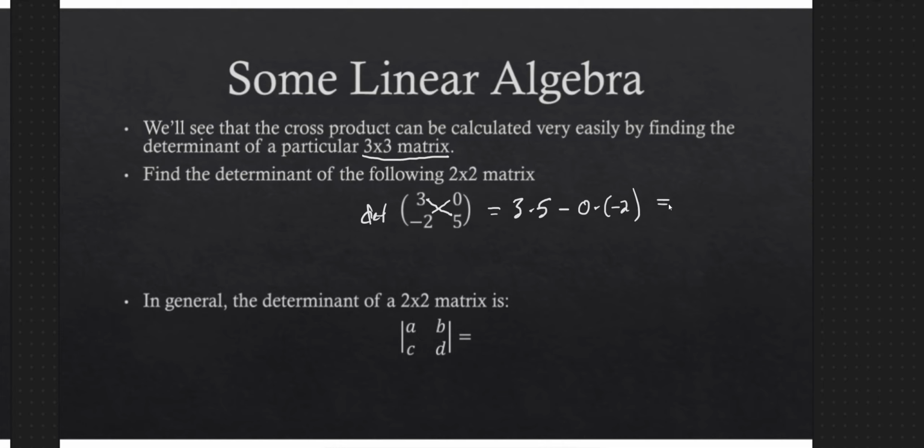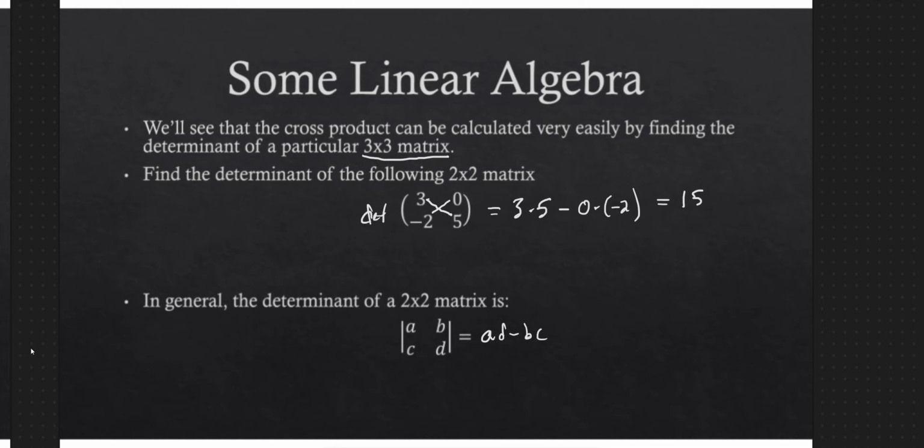So the determinant of this matrix is 15. All right, so again, take a matrix, output a number. When it's 2x2, it's always this: multiply the diagonal and then subtract the product of the opposite diagonal. So in general, the determinant of a 2x2 matrix is AD minus BC.